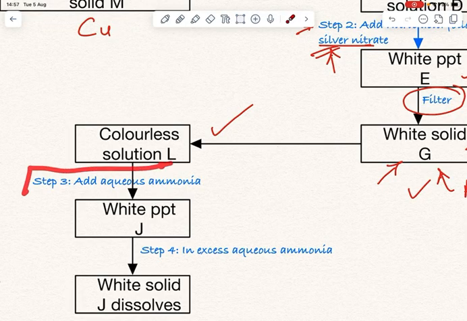In step 3, they said to add aqueous ammonia. As you know, aqueous ammonia is used to find the presence of cations.